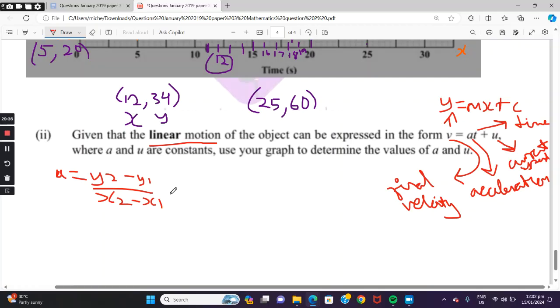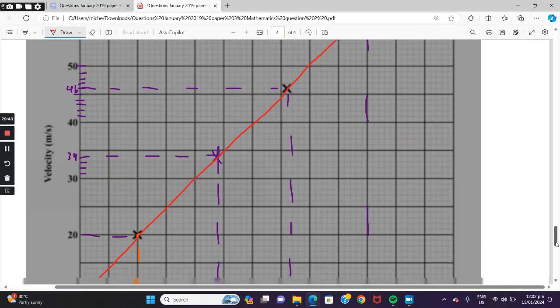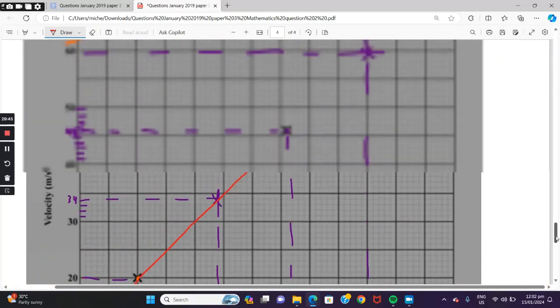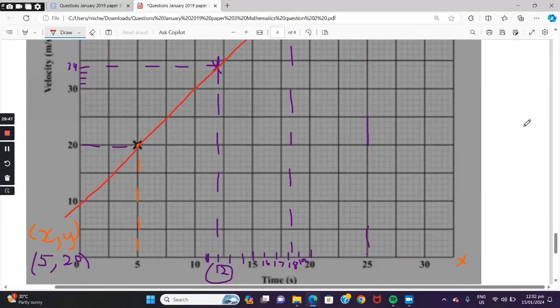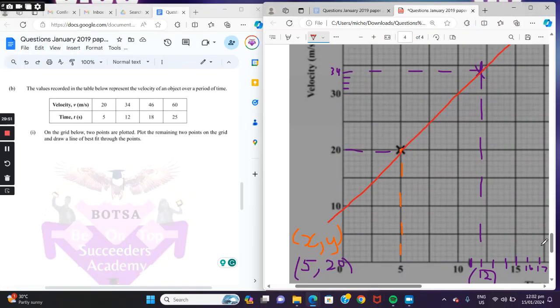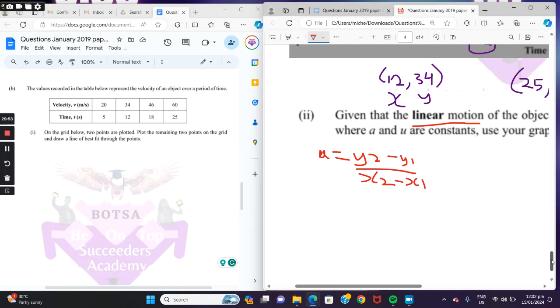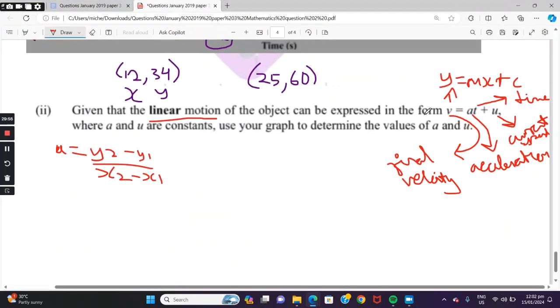We'll be able to find U in a while. So, using any two points on the graph, the smaller numbers you use, it might be easier for you, so it's up to you. I think I'll use the first two, which have the smaller digits.